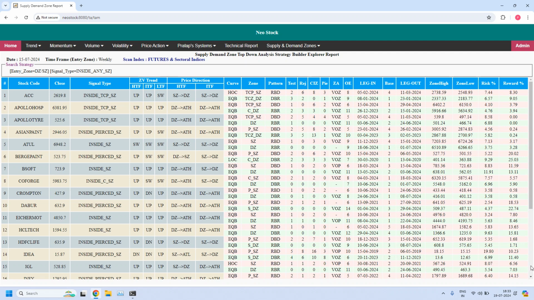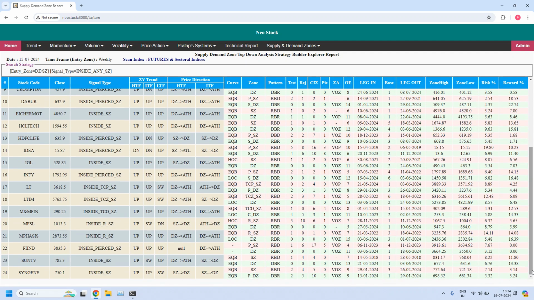So this is the filtered list. Let me scroll the list down. So total 24 stocks are filtered, where price closed inside weekly supply zone.